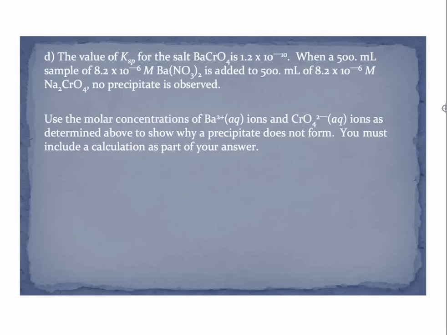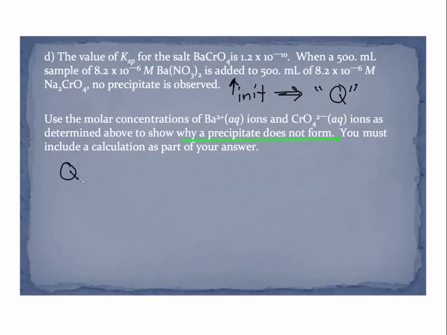And now number 2, we want to be able to show, this gives us the claim, which is kind of nice. It doesn't ask us for the claim. It says, prove why it doesn't form. Well, remember, those are starting amounts. So the amounts up here are initials. Initial values are used to calculate Q, that non-equilibrium state.